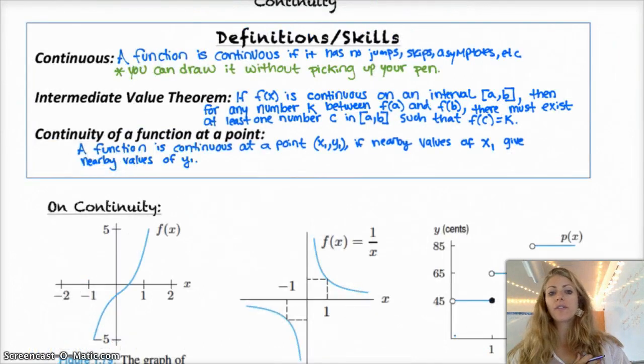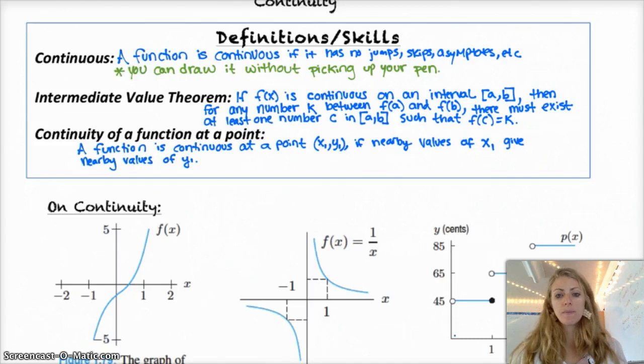Okay, so continuity of a function at a specific point, roughly speaking, just means that nearby x values to x1 give nearby values of the y value.